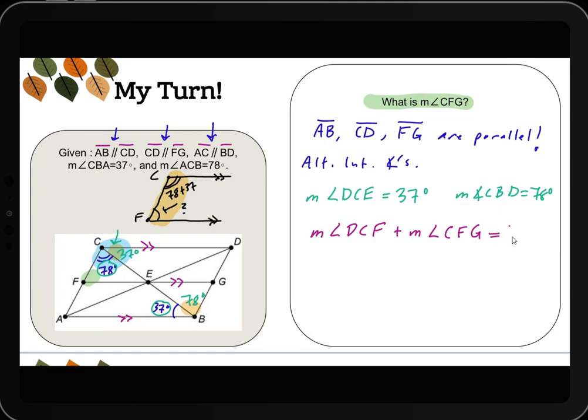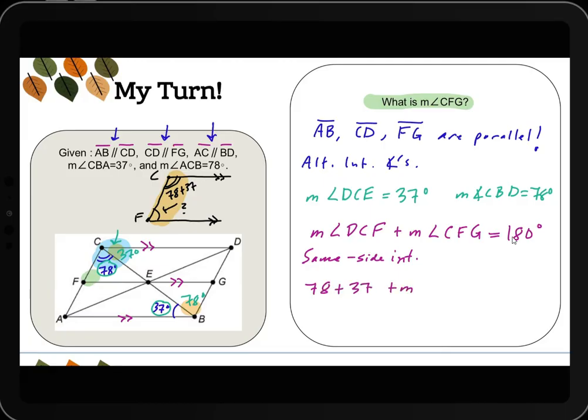And so that's going to end up equaling 180 degrees because, again, those are same side interior angles. So on the other side of things here, when I'm writing my answers, you see I'm referencing the type of angle relationship because that helps me keep track of why I'm able to say that. And I know that that measure right there of DCF is 78 plus 37.